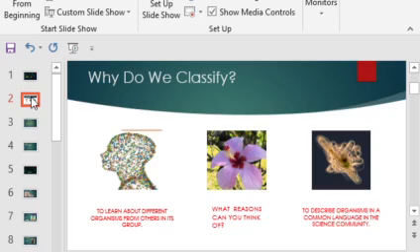We also classify in order to describe organisms in a common language in the science community. So for example, we have a scientist in Jamaica and one in the UK.